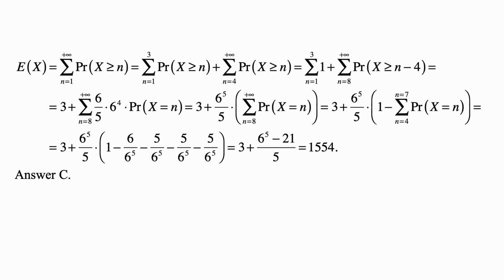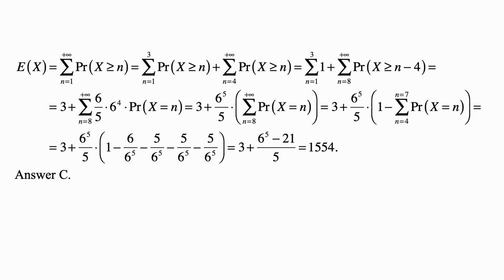And that's 3 plus 6 to the 5th over 5 times the sum from n equal to 8 to plus infinity of the probability that x is equal to n, which we can replace by 1 minus the sum from n equal to 4 to plus infinity of the probability that x is equal to n. Of course, n can't be 3, 2, or 1 because you can't get 4 consecutive 6s by rolling dice only 1, 2, or 3 times, so those probabilities are 0, irrelevant.